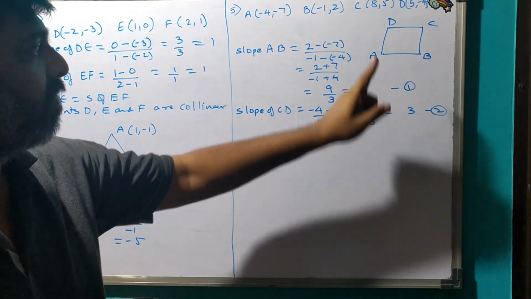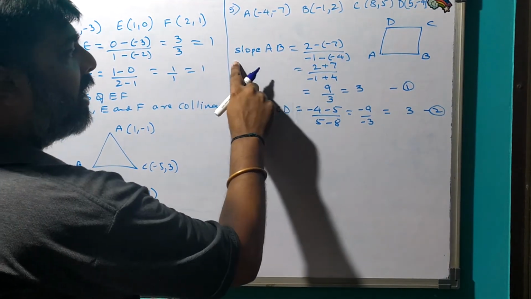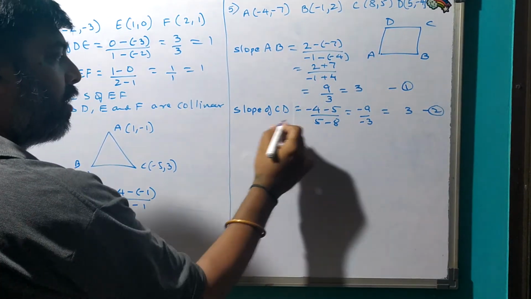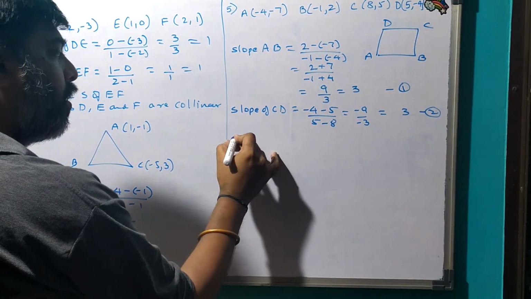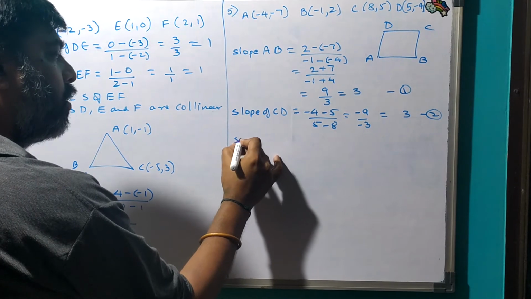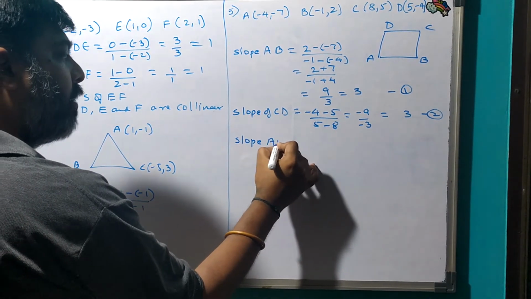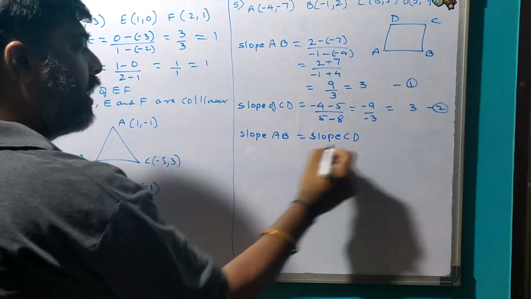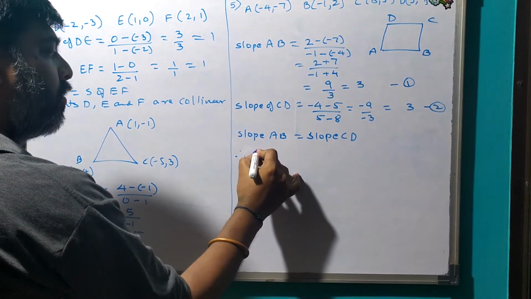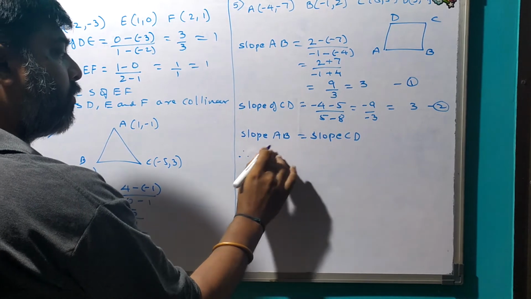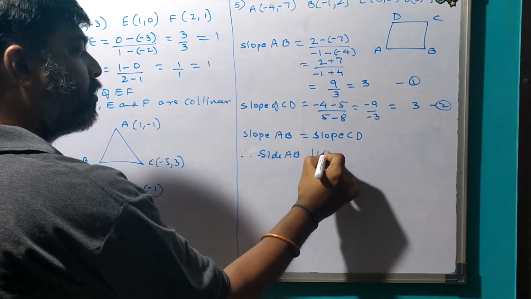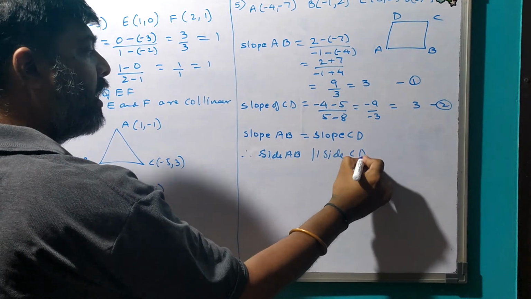Since these slopes are equal, that means I can write AB is parallel to CD. Slope AB is equal to slope CD. Therefore, side AB is parallel to side CD.